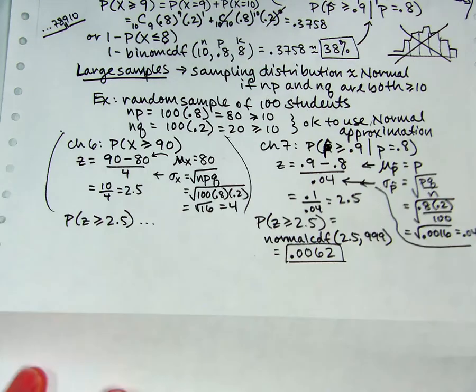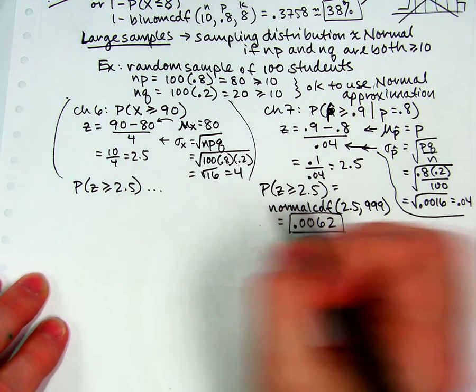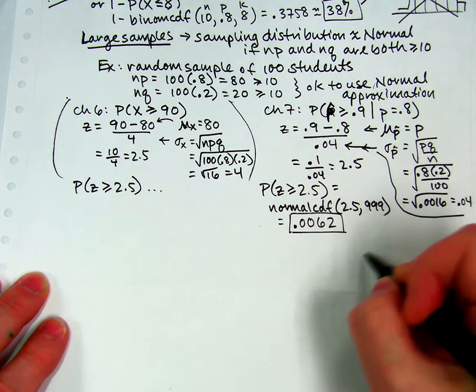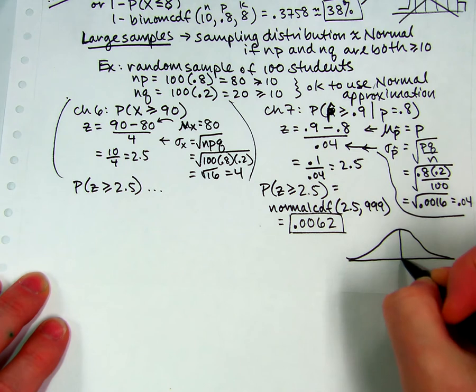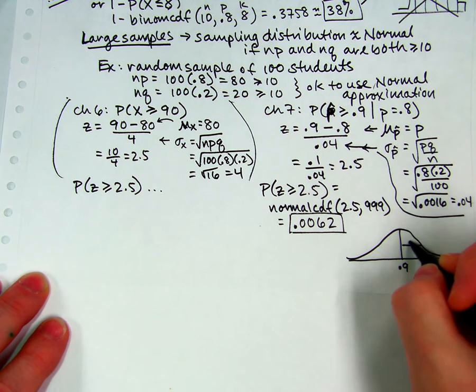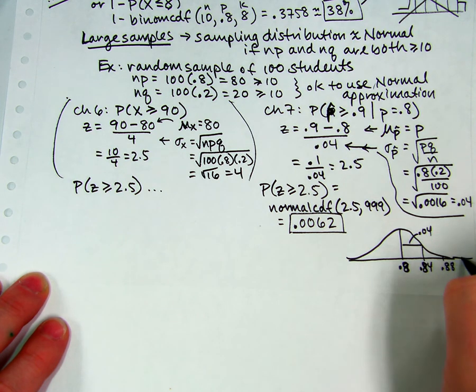What does that mean? Let's talk about that just a little bit. So what we have is this normal curve with the mean at 0.9 and the standard deviation of 0.04, which means that this is 0.94. Oh wait, no, this is 0.8, sorry, and this is 0.84, and this is 0.88, and 0.89 is way over here.